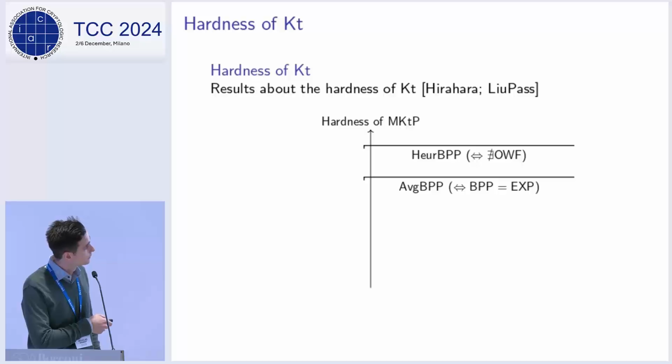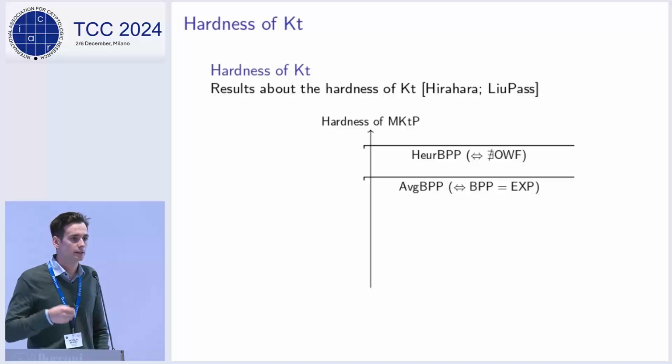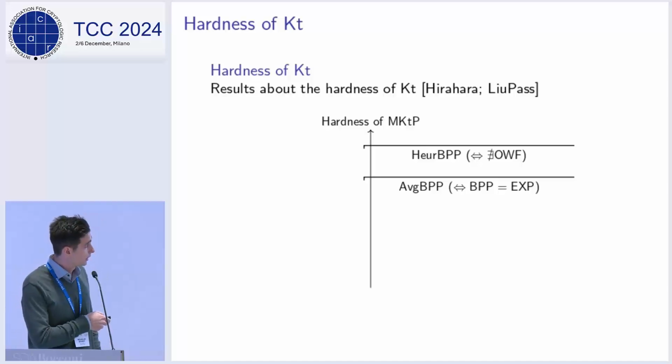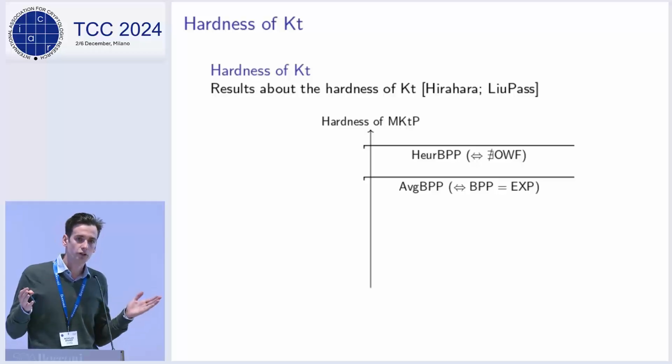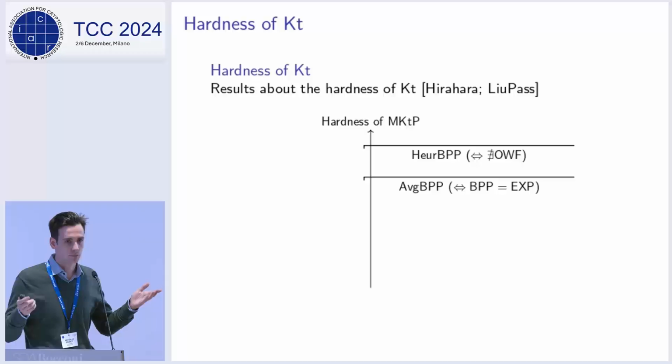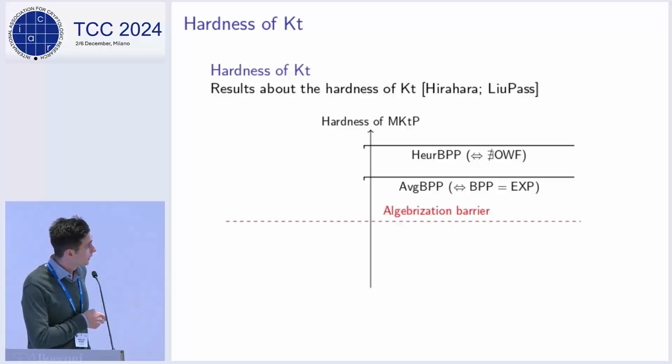And this particular class here is heuristic BPP, which means it's the class of randomized polynomial time algorithms, where you can have a 2-sided error. So it's an average notion, and you can make false positive and false negative errors, like a small fraction of them. And if MKTP is in this class, so it's below this bar here, then there are no one-way functions.